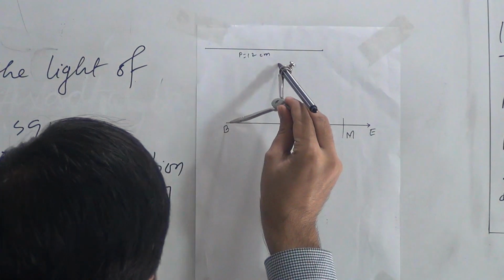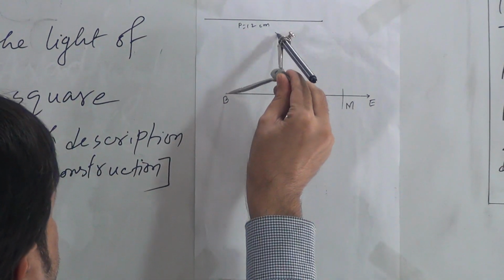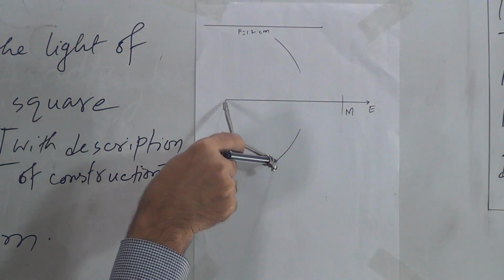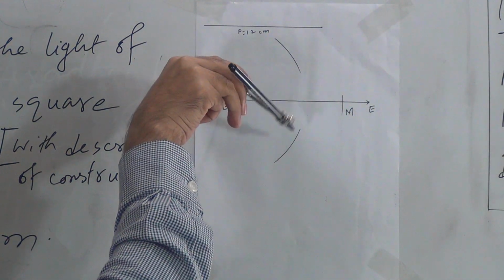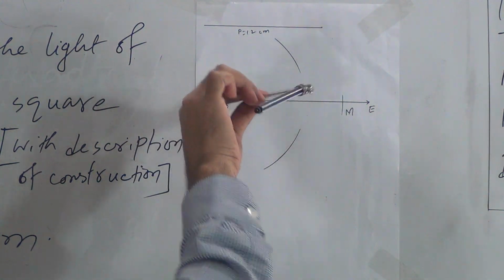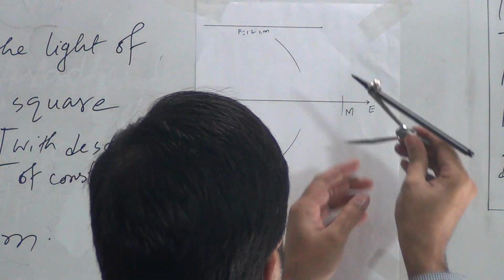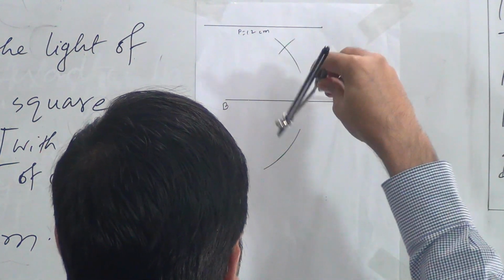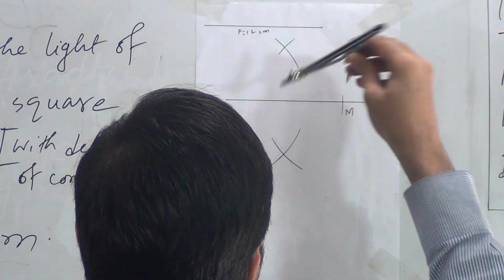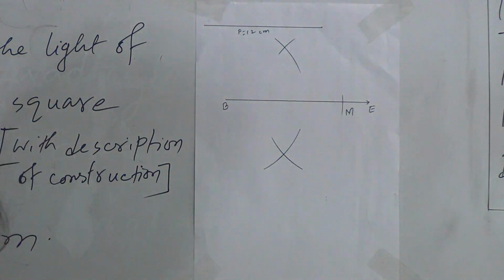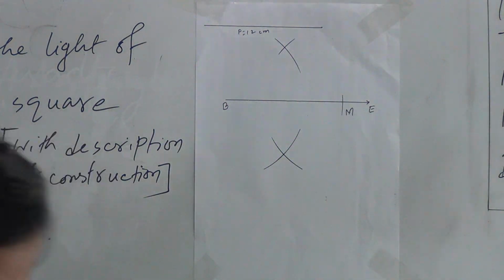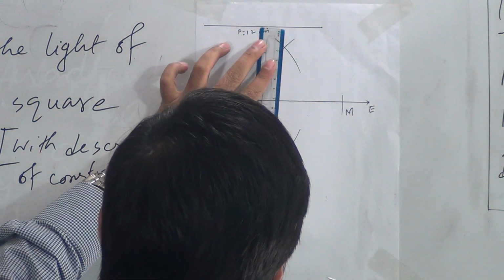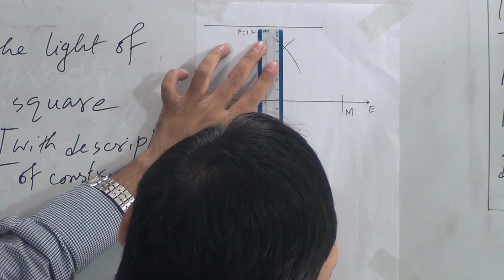To bisect, draw an arc here and draw another arc here. Now with M as center, draw two arcs. These two arcs intersect each other, so if we join these two intersecting points, I think you know how to bisect, it will indicate the middle point.